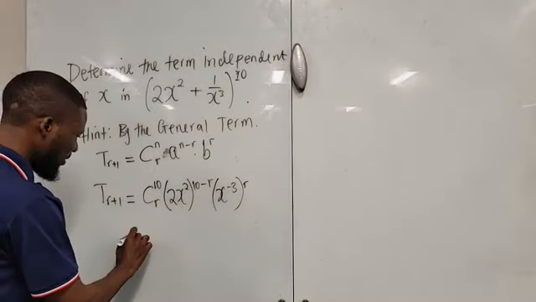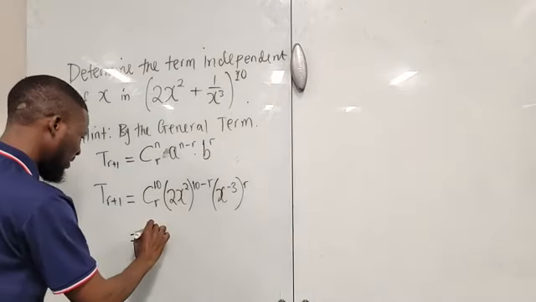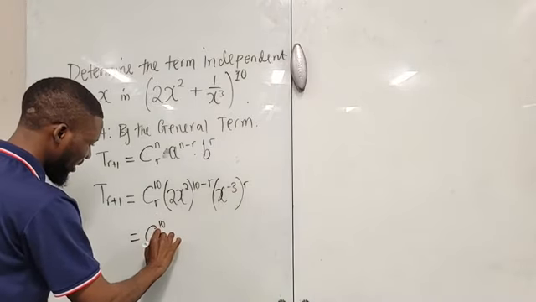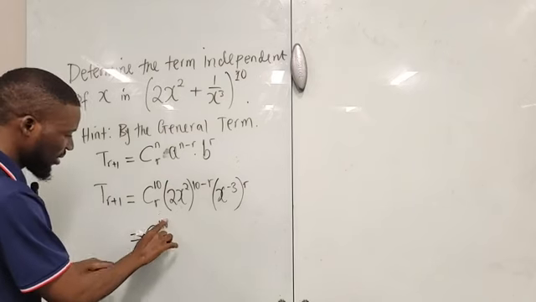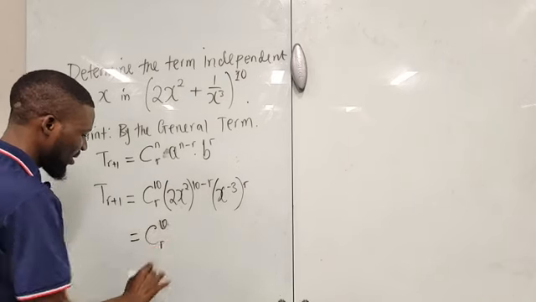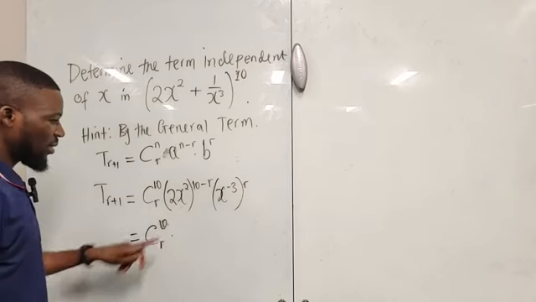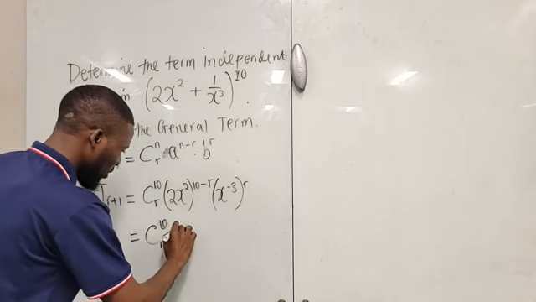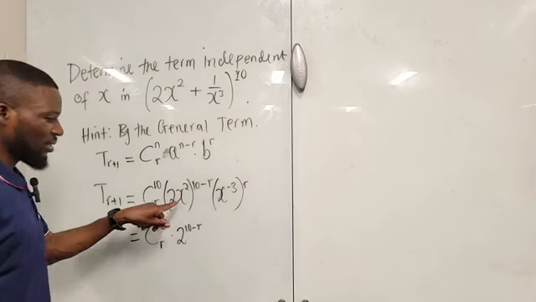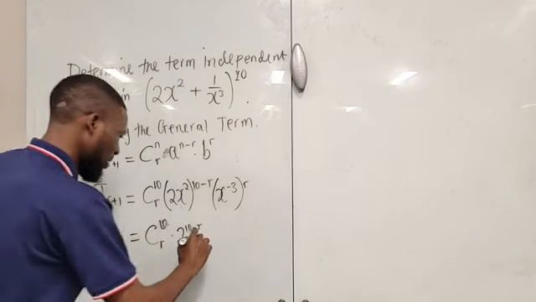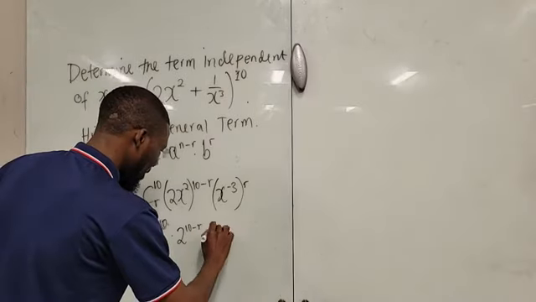So the next thing is to expand, right? So this is 10 combination r. Okay, then I multiply by 2 to the power 10 minus r, that is using the laws of indices. Then this is multiplied by x.